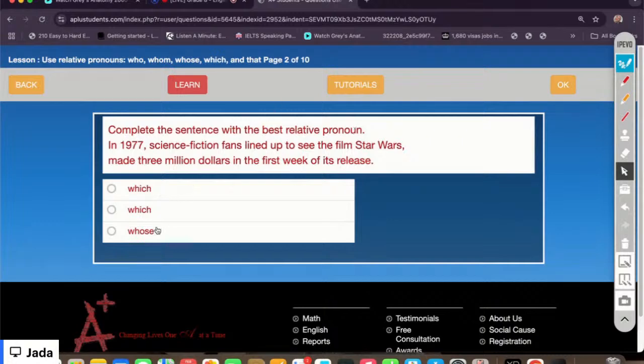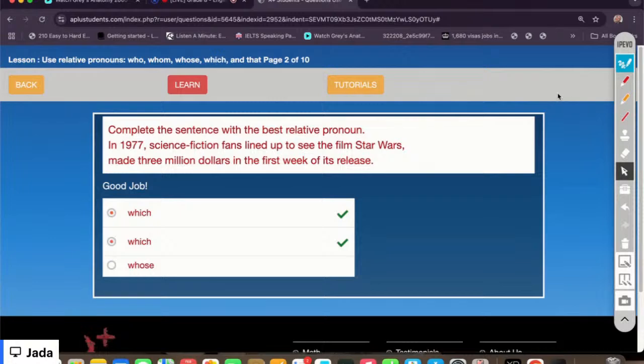So is it which or whose? So you would say which made $3 million.